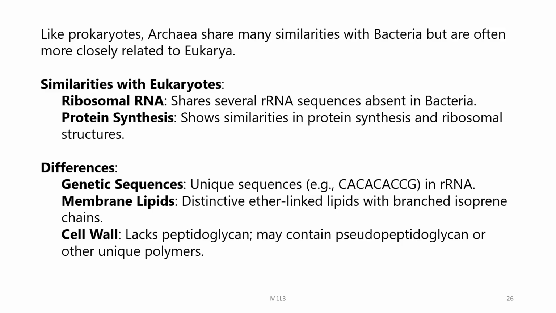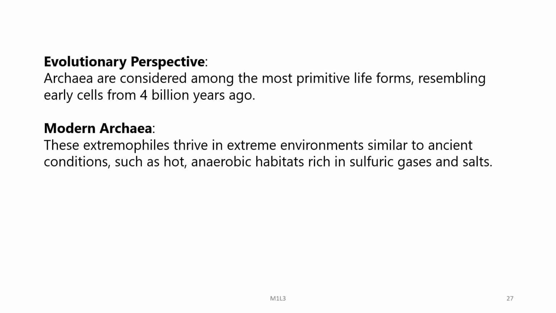Then come the differences. Genetic sequences: unique sequences like this one, CCA, in RNA are found. When it comes to the membrane lipids, we have distinct ether-linked lipids with branched isoprene chains, as we have already discussed in that figure. In the table we have mentioned that it lacks peptidoglycan and it may contain pseudopeptidoglycan or other unique polymers.